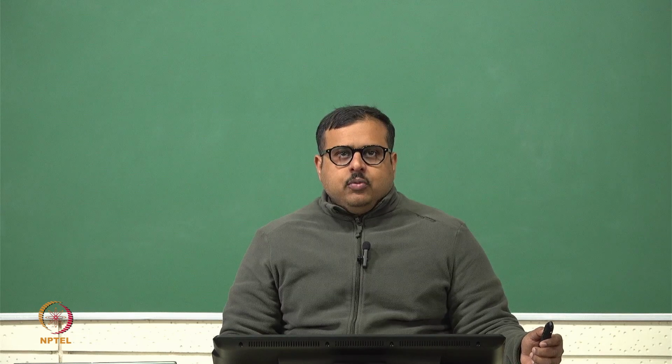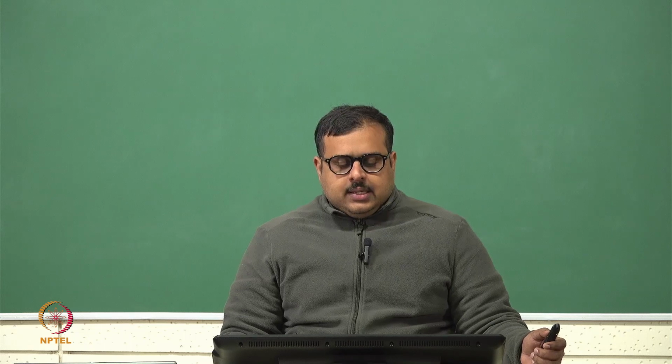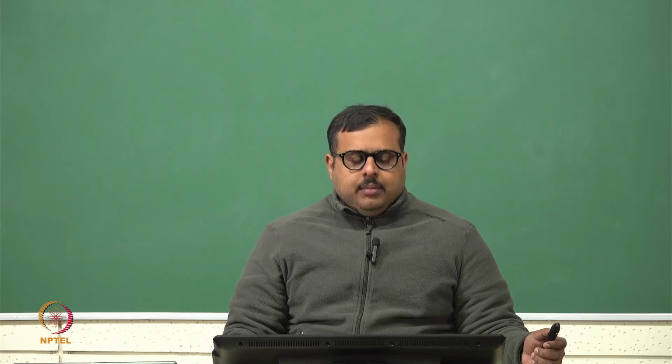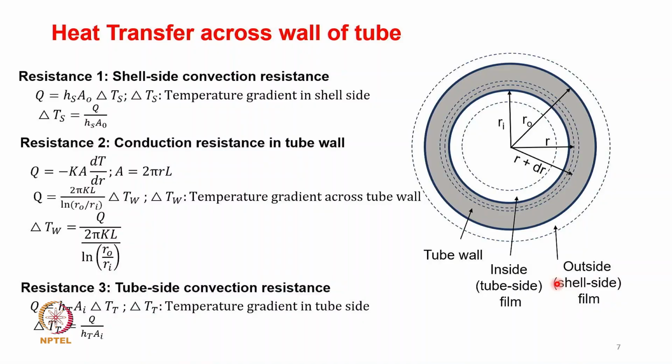So now let's move on. Let us look in slightly more detail at what is happening inside heat transfer equipment. This will help us derive the expression for the heat transfer. What you see here is a cross-sectional area of the tube, and this is the tube wall.